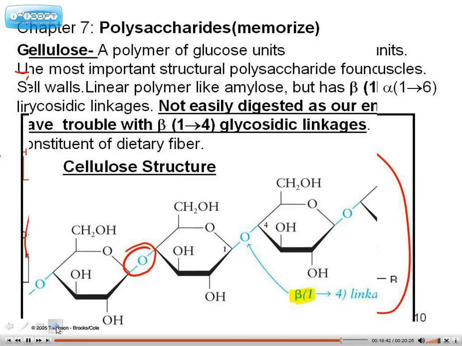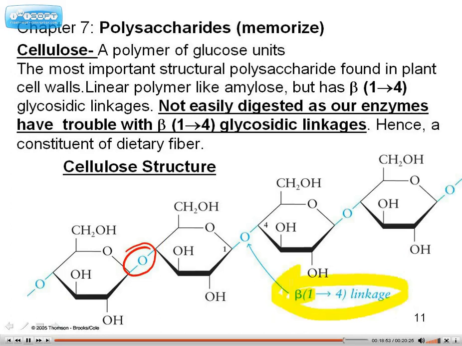If you memorized how to draw polysaccharides such as amylose, then all you have to do when drawing cellulose is make sure each of these glycosidic linkages is formed in the beta form, just as you see here. Careful, as these may be graded right or wrong, and not only do I look at the hydroxyl groups, but I also look at the linkage to make sure you're drawing the correct one.